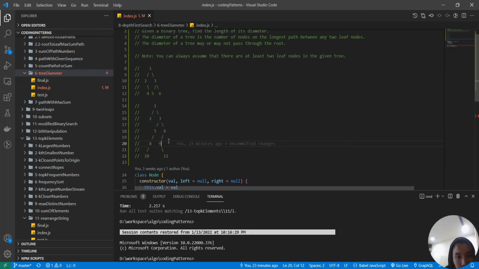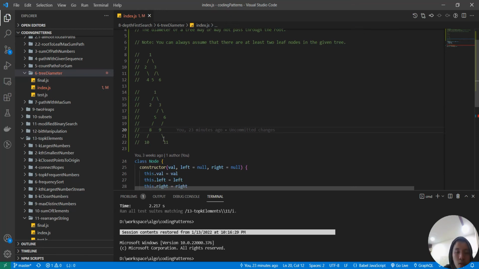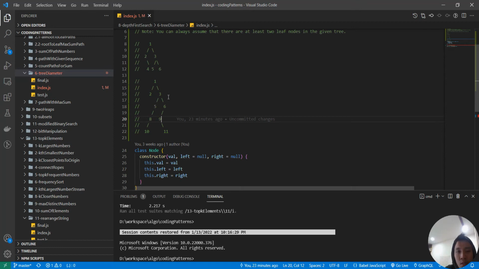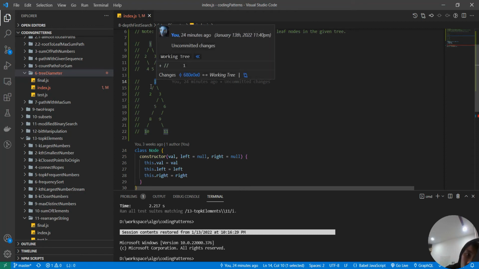So it seems like we can make a recursive call here from the root node to its left child and right child.